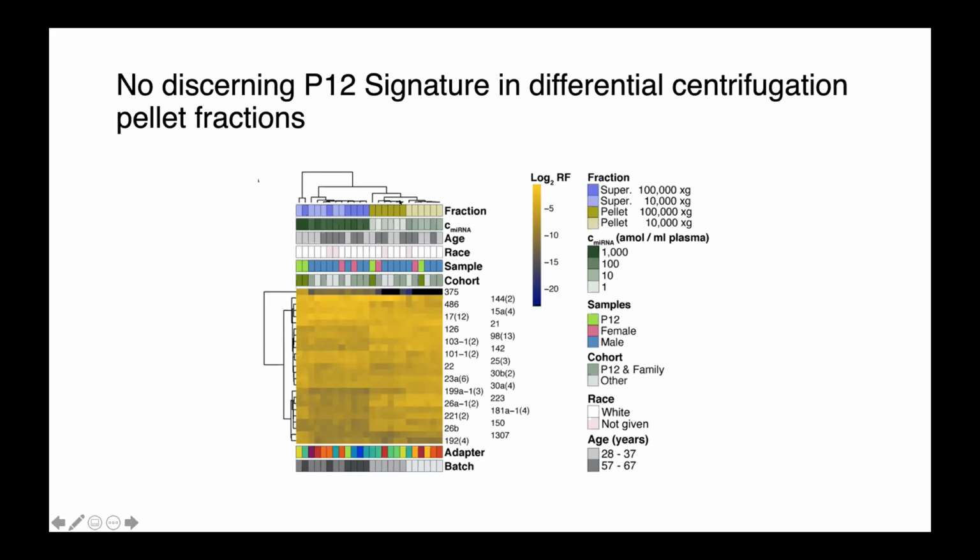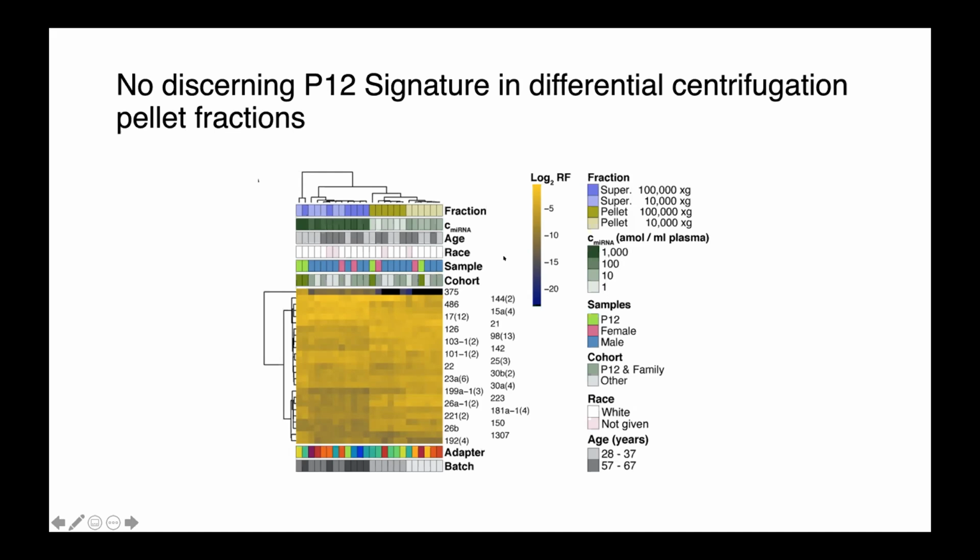When it comes to his pellet contributions, his samples cluster either just next to his family members or even within the group, but they are not that distinctive as shown here on the right. We also observed that we have a much lower concentration using spike-in calibrators of microRNAs in the pellet fractions as compared to the supernatants. And this already considers the fact that we use 10 times the material for the characterization of the pellets compared to the supernatants.